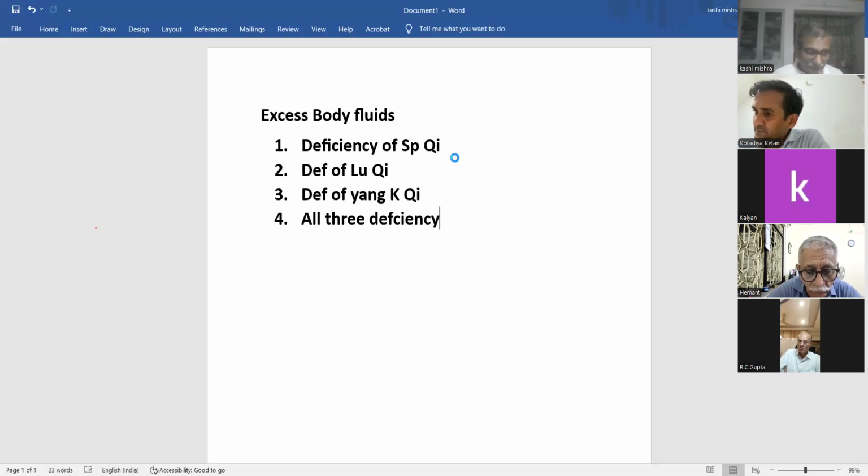So what should we do? Lungs chi tonification. क्या करना चाहिए?